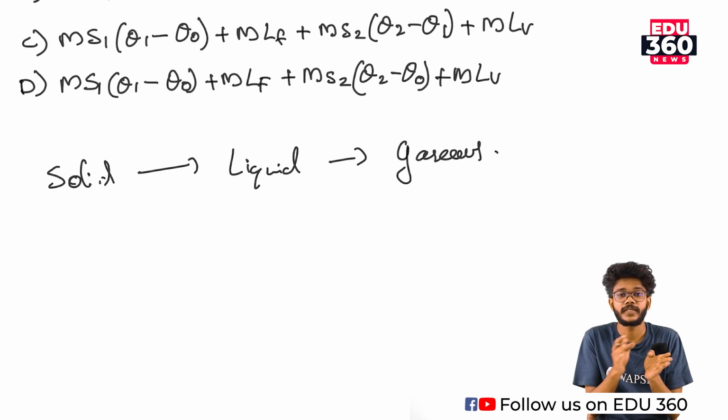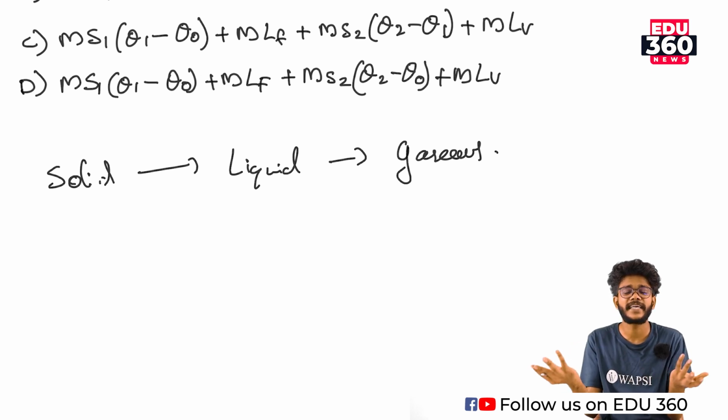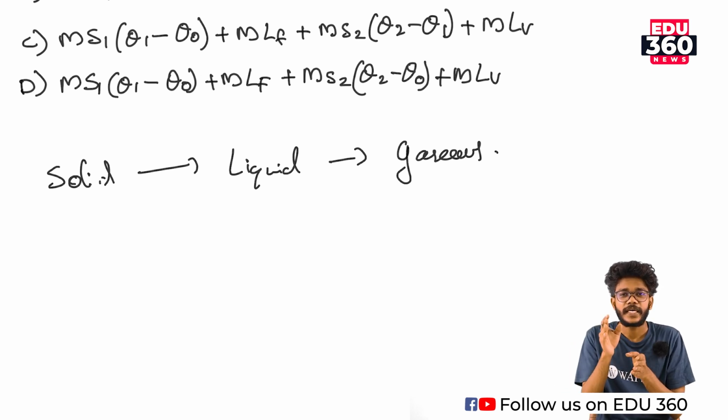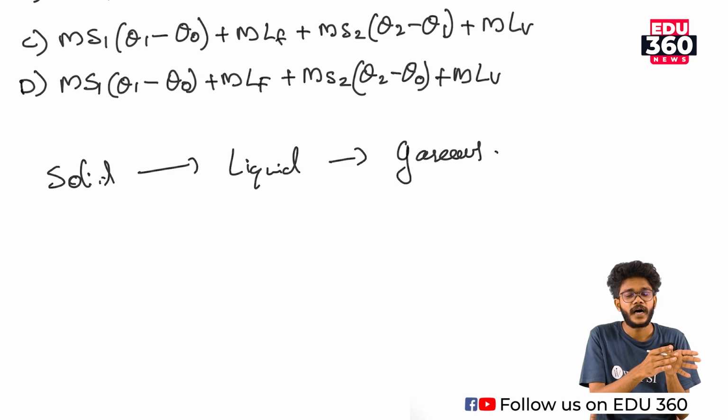Here the solid wants to go to the liquid. If we want to melt ice, first of all the ice has to go from minus 1 degree Celsius to 0 degree Celsius.